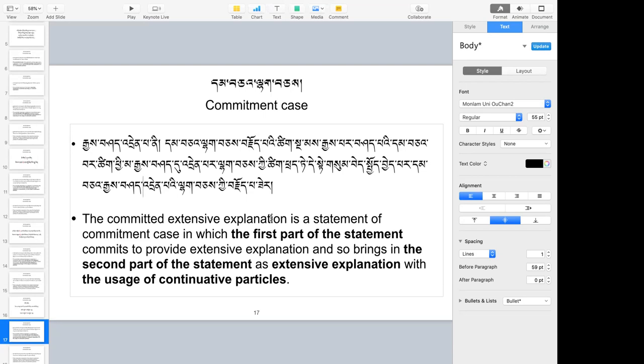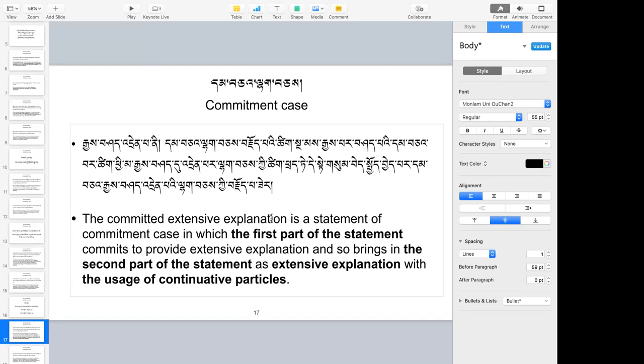So we see that the first part of the statement makes a statement, and then with the usage of the continuative particles, the second part of the statement provides the extensive explanation.